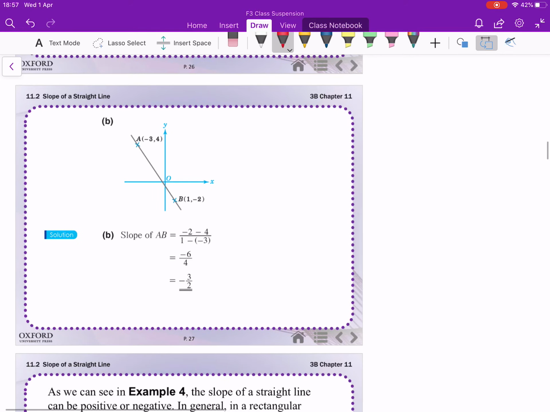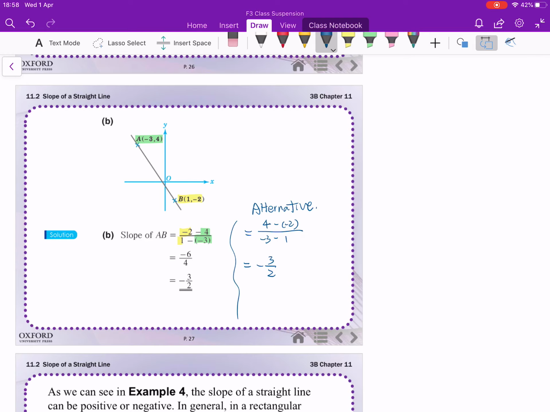Let's see one more question. This time, to calculate the slope, you have to use both -2 and 1 from B, and both 4 and -3 from A. This is one of the solutions. And we have another alternative solution: we can change the order of both numerator and denominator, using the y coordinate of A minus the y coordinate of B divided by the x coordinate of A minus the x coordinate of B. After calculation, it is -3/2, so they are the same.